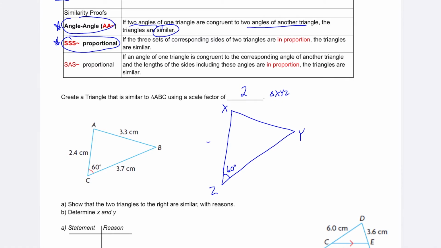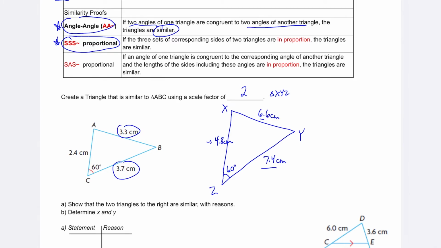So to figure out this side right here, we would do 2.4 times 2, which is 4.8 centimeters. Here we take 3.3 centimeters and multiply it by 2, so that's 6.6 centimeters. And here we take 3.7, multiply it by 2, and we have 7.4 centimeters.